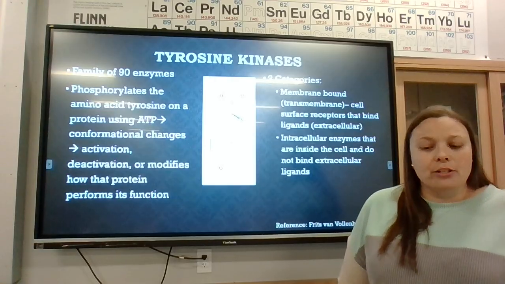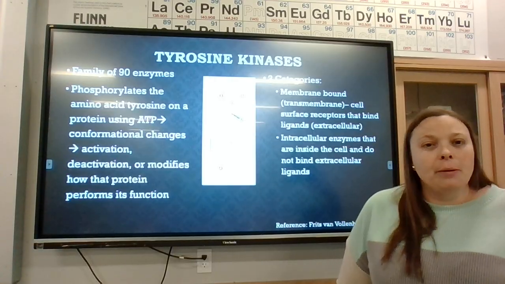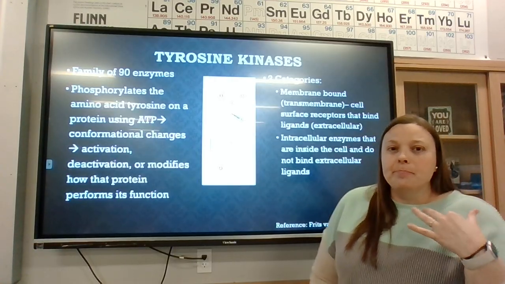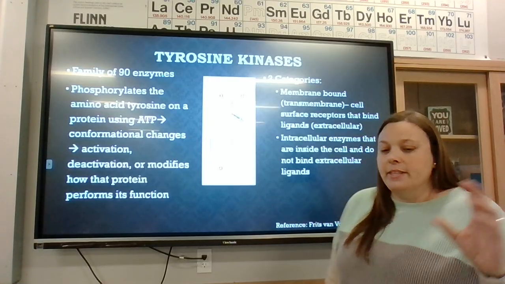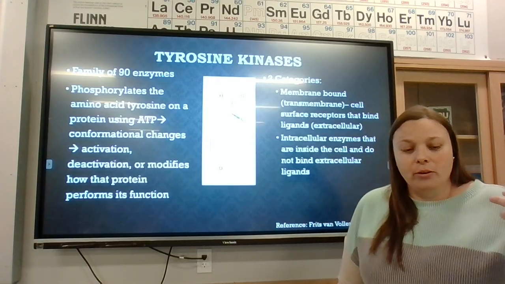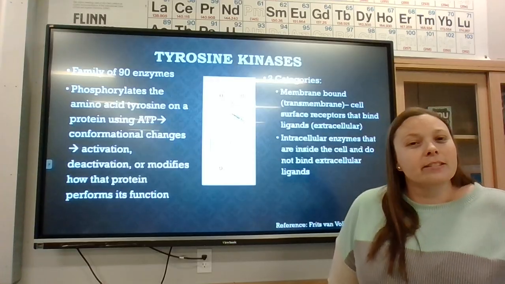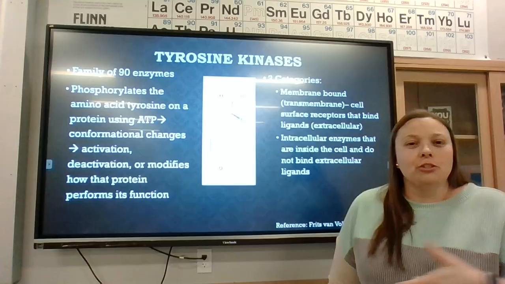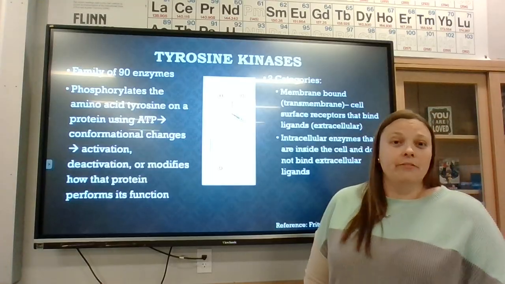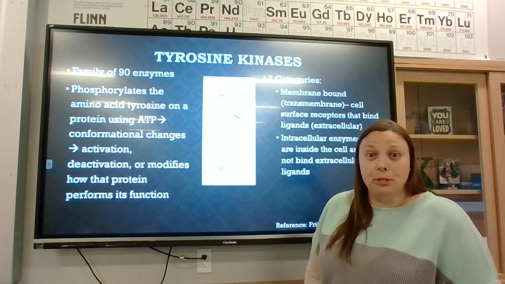This presentation is going to hone in on receptor membrane-bound tyrosine kinases, so we're looking for the ones that are going to recognize chemicals outside the cell in the extracellular space and cause a conformational change that's going to affect the interior of the cell and instruct the cell what to do.